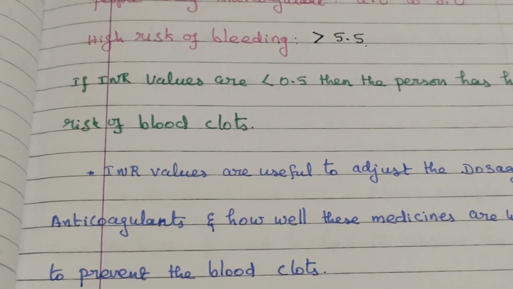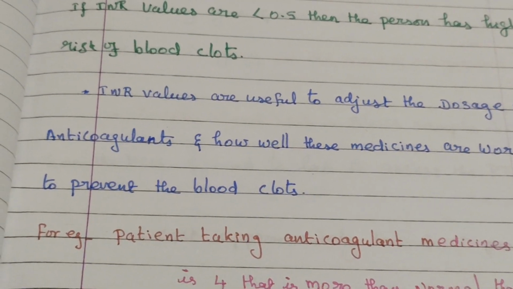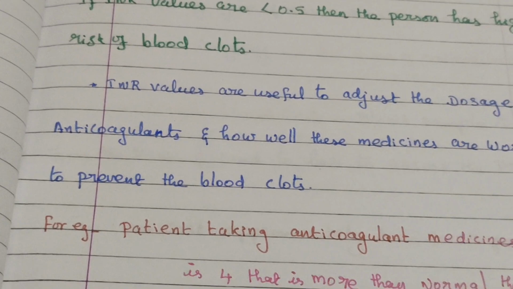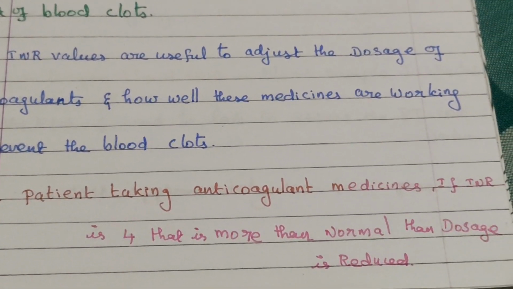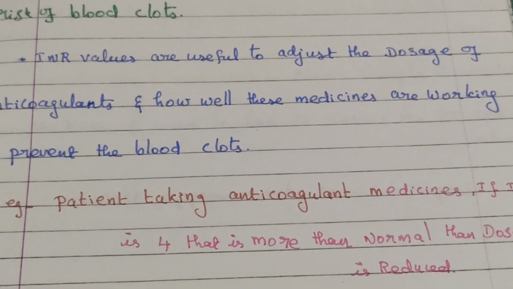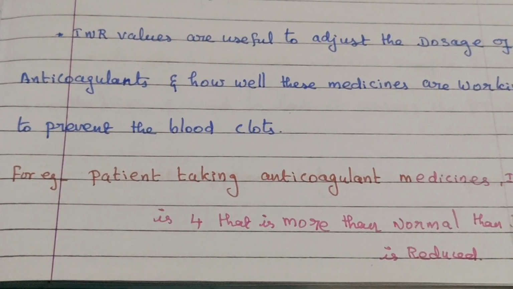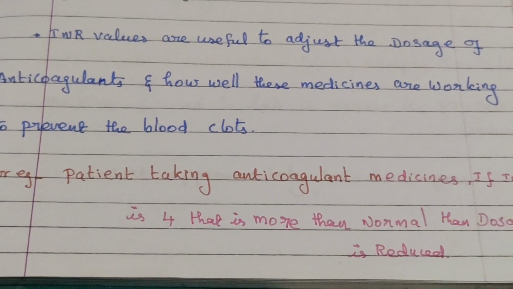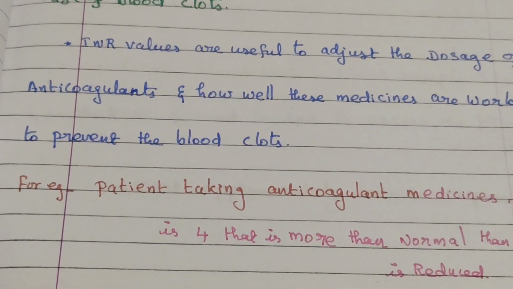For example, for a patient taking anticoagulant medicine, if the INR value is 4, more than the normal INR value, then the person has a high risk of bleeding. So the dosage should be reduced.